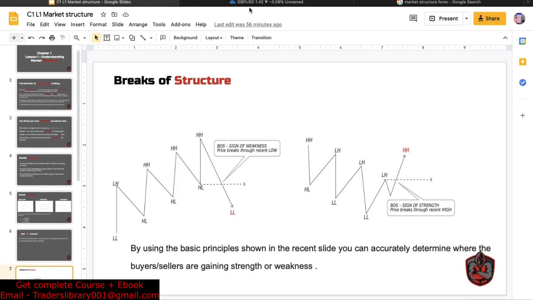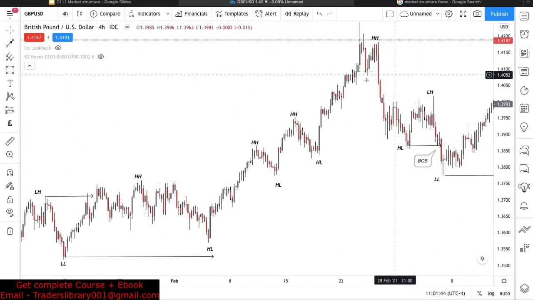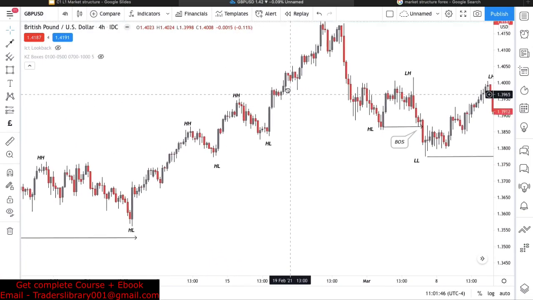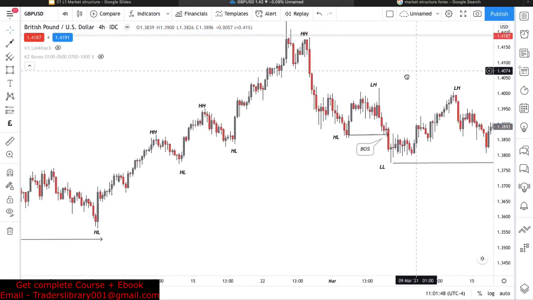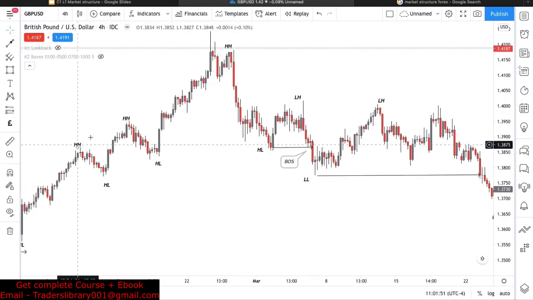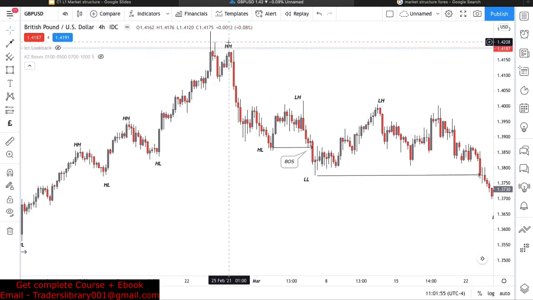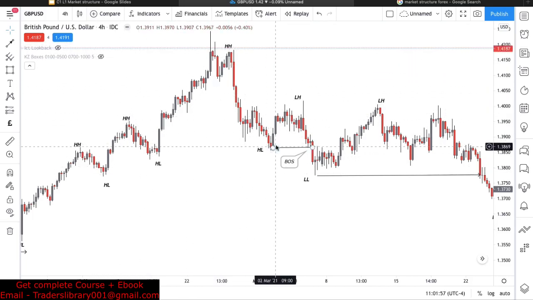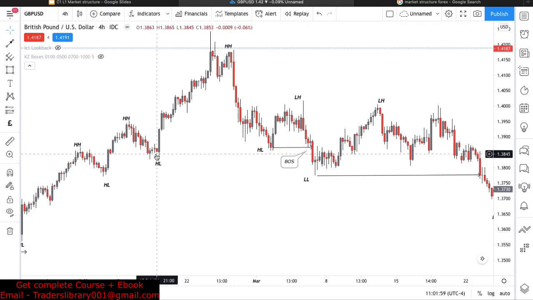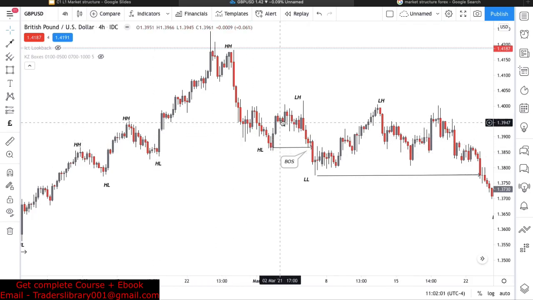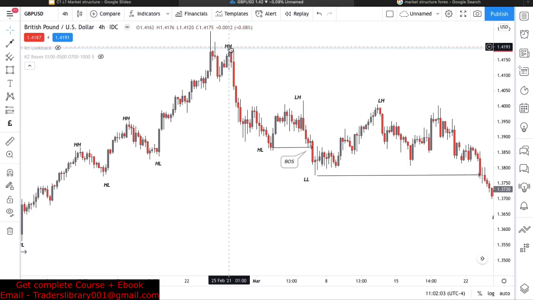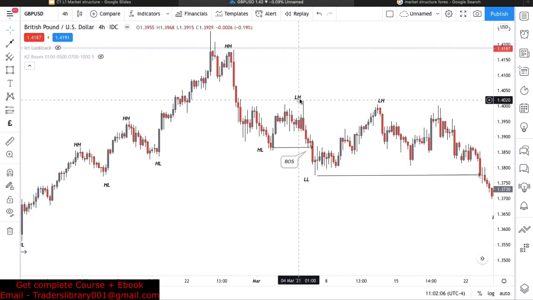So now if I go on GU again and show you an example of this taking place. As we identified earlier, we noticed that price over here was in an uptrend, right? Creating higher highs, higher lows. But notice this, once we created that higher high, price pulled back and created a higher low, right? Because it failed to close below this higher low. But then once it started to move upwards, it then failed to close above this higher high, which then creates a lower high.